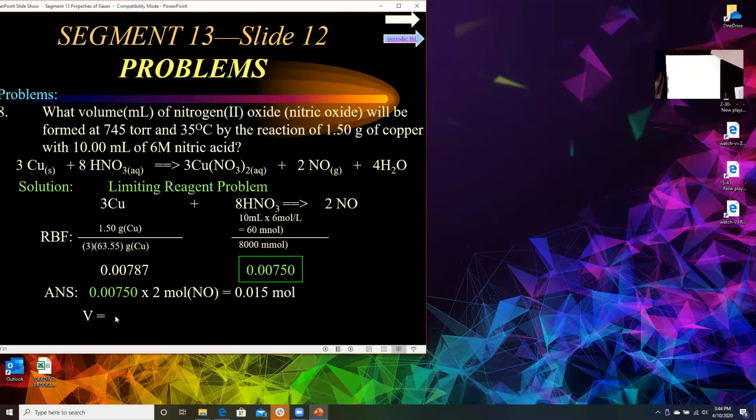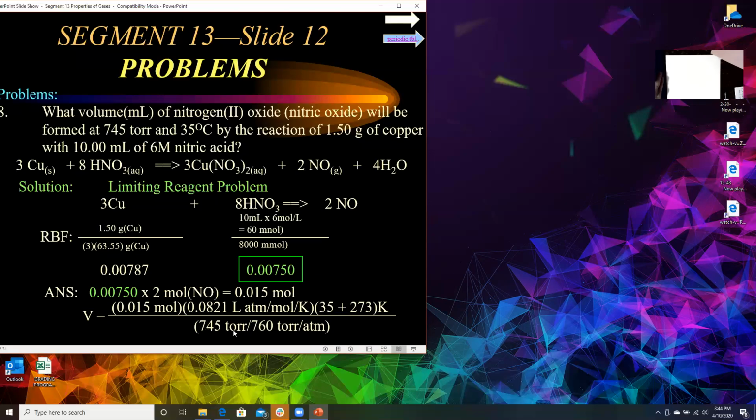Okay, so now I've got the number of moles of the nitric oxide I'm going to make is 0.015. I can use the ideal gas equation now to solve for the volume. It's the number of moles, 0.015, times R, 0.0821, times the temperature, 35 plus 273 kelvins, divided by the pressure.